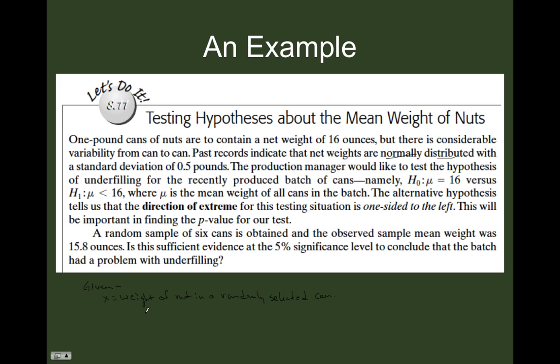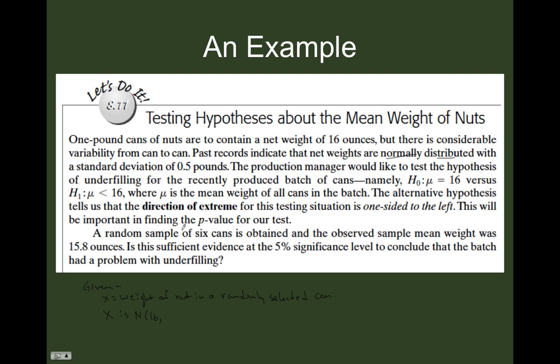We're given that X is normally distributed with a mean of 16 ounces, and that's in the null assumption.